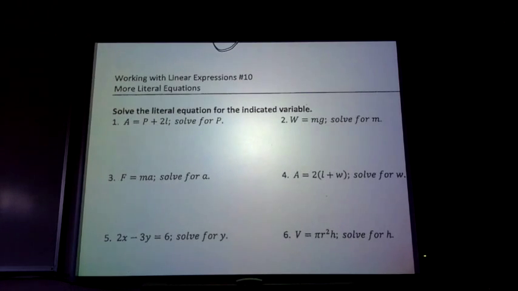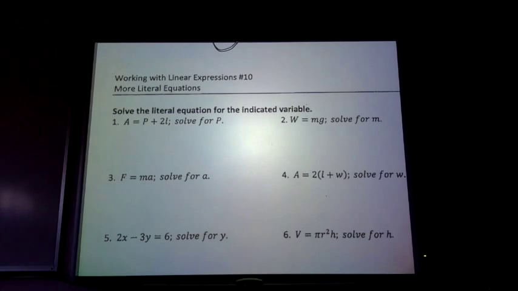All right, so problem number one, we have A equals P plus 2L. So a few things. How are 2 and L being held together? They're being multiplied together, right? So it's 2 times L, and P is being added to that. So if we wanted to get P all by itself on the first problem, what should we do? Minus 2L. Good.